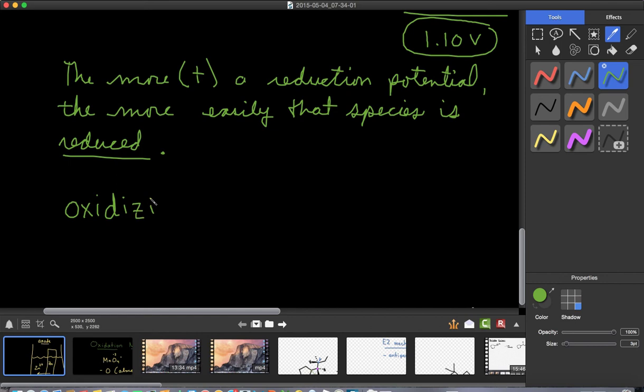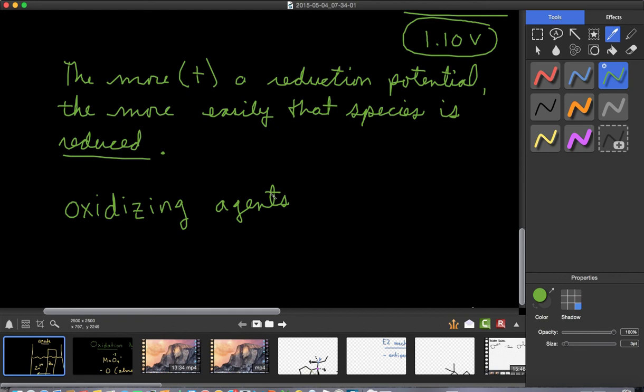Now this is where a lot of people begin to get confused with electrochemistry. So let me walk you through the logic. If I am a species that is easily reduced, I easily gain electrons, which means I easily accept electrons from a source that's losing them. And the source that's losing them is itself becoming oxidized.